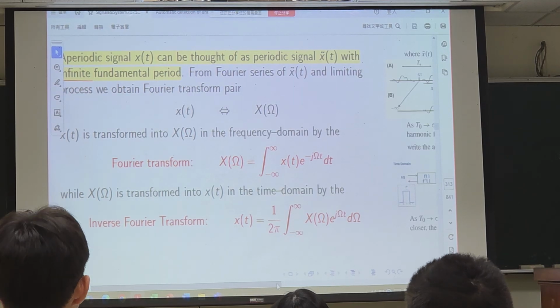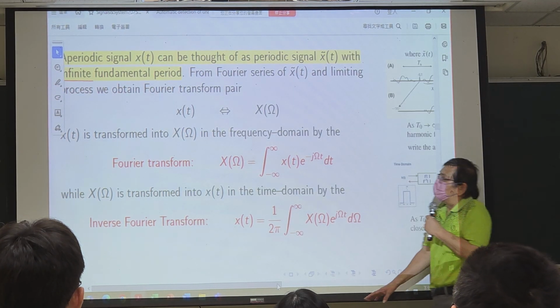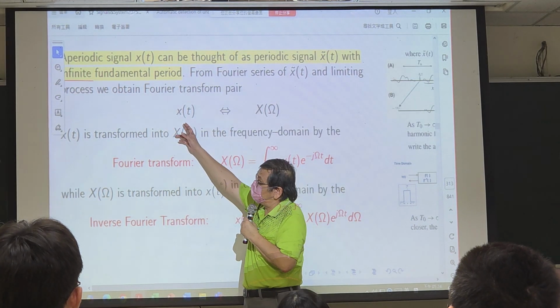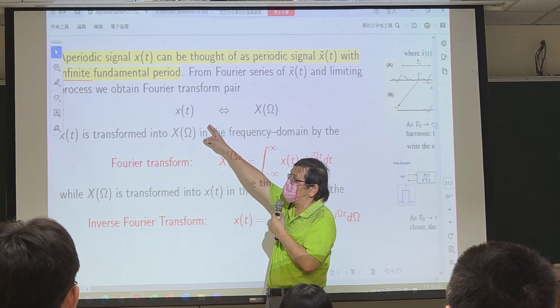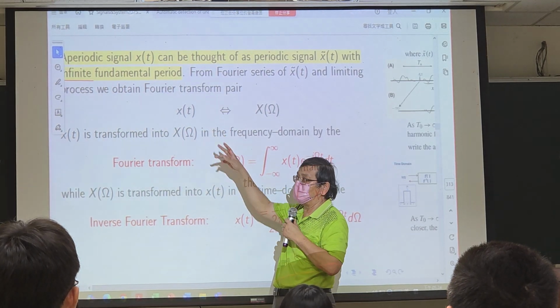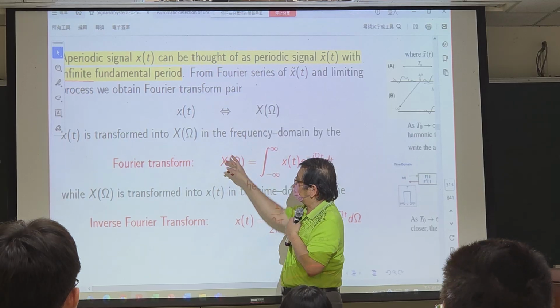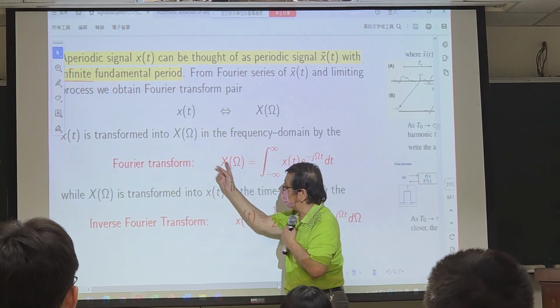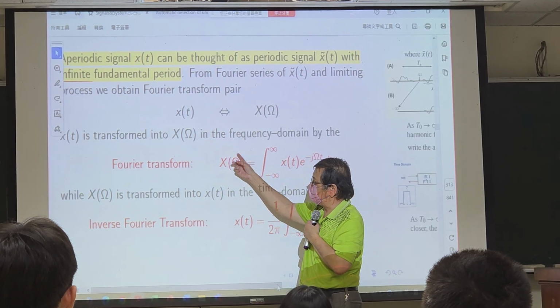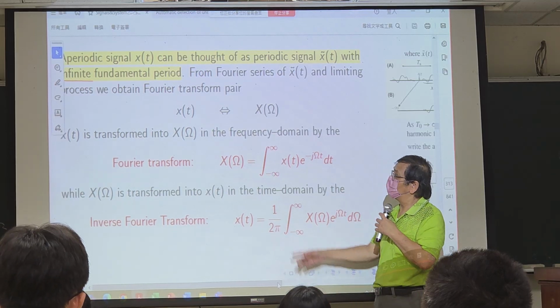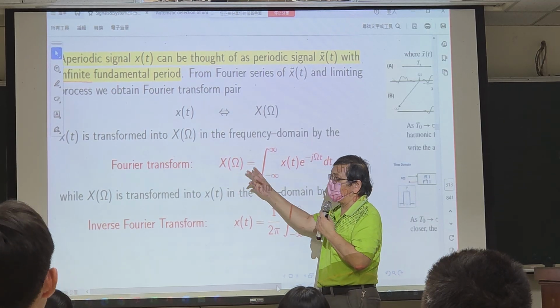Just want to remind you one more time. We have a signal x(t), which is a continuous signal. In general, it's not periodic or is aperiodic. We take the Fourier transform of x(t), then we have X(omega). This is the frequency response or power spectrum.